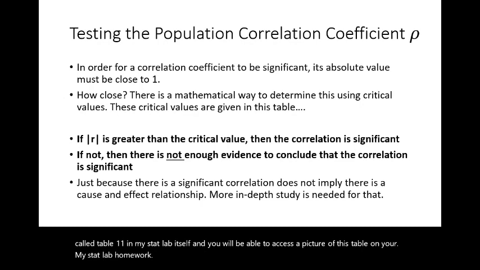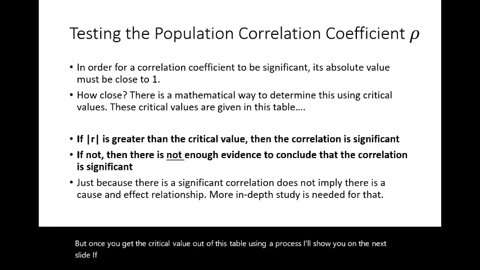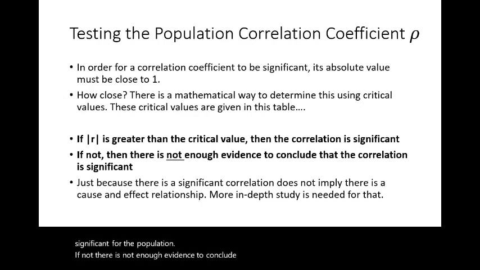Once you get the critical value out of this table, using a process I'll show you on the next slide, if the absolute value of R is greater than your critical value, then your correlation is significant for the population. If not, there is not enough evidence to conclude that the correlation is significant for the population.